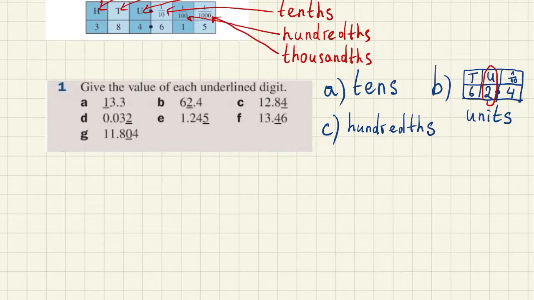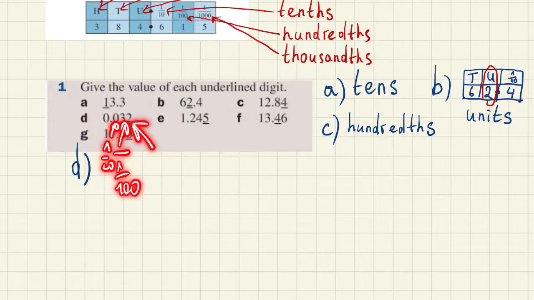Pretty similar word to hundreds, but try not to confuse them. In D, so we go 1/10, 1/100, and then finally we get to thousandths, right? It's this kind of thing. So in D we have thousandths.